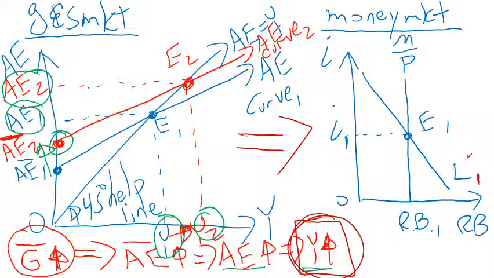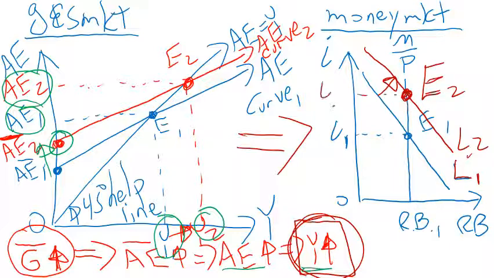It's a rightward shift of L1 to L2. There it is. So what changes? Well, the change is an increase in the interest rate.